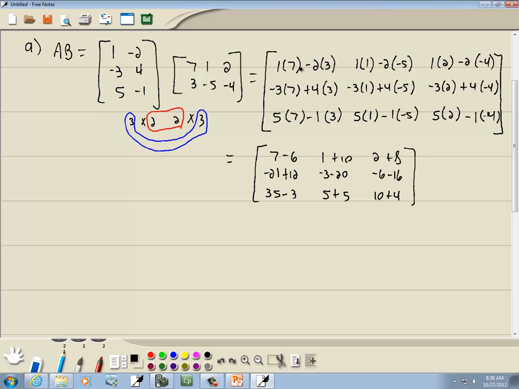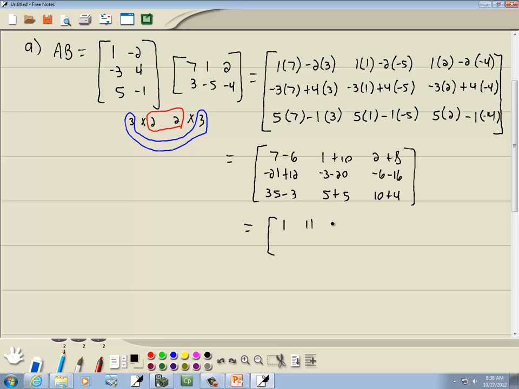Double check all those. 7 minus 6. 1 plus 10. 2 plus 8. Negative 21 plus 12. Negative 3 minus 20. Negative 6 minus 16. 35 minus 3. 5 plus 5. 10 plus 4. Okay. 7 minus 6 is 1.